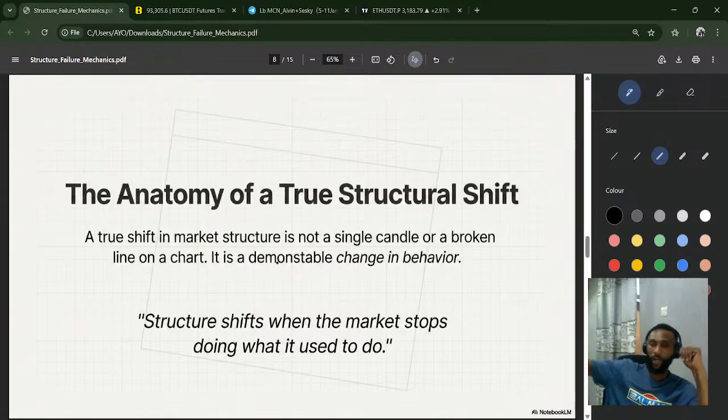Then from there, you know that this is going to go down. If it doesn't break the high and still respects that level, doesn't go higher, then you know the trade is going to continue on the downtrend. That is the true anatomy of a structural shift, basically. So these are the few things. Let's go on.